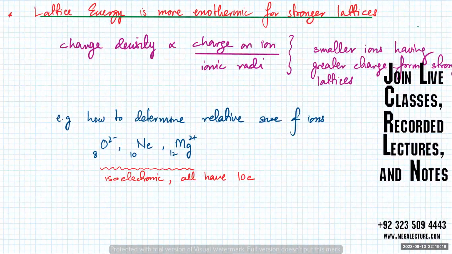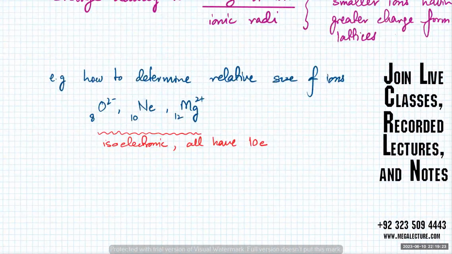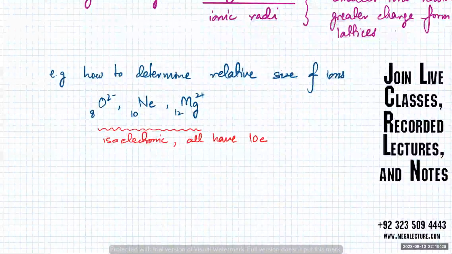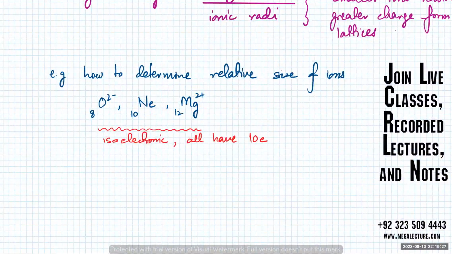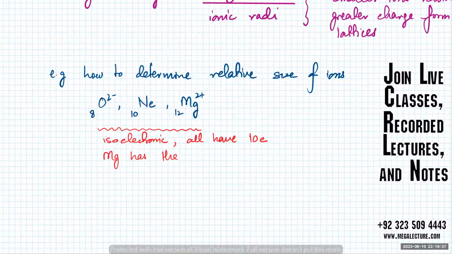So now tell me which one is the biggest and which is the smallest. You look at the protons because the electronic configuration is exactly the same. So Mg has the most protons, hence it is going to be the smallest. Is that clear?